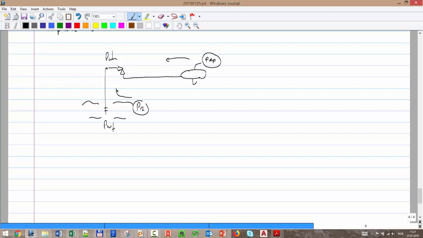I go from the point of constant pressure all the way to a place. I suggest, since this equation was very ugly, we go all the way to before the choke, to PWH, and all the way to the discharge of the choke.